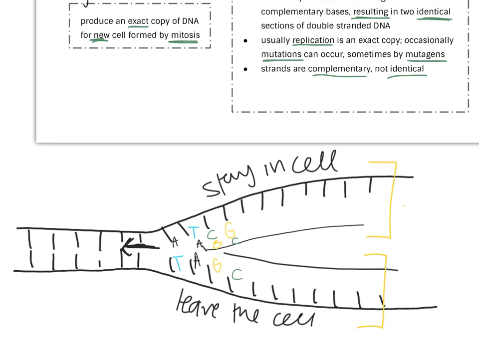This and this are identical to each other. Okay, and we'll do a big problem like this on the board if it's still kind of confusing. These are identical to each other, but this strand and this strand are complementary. And we'll talk a lot about what that means, and we'll get to practice it.